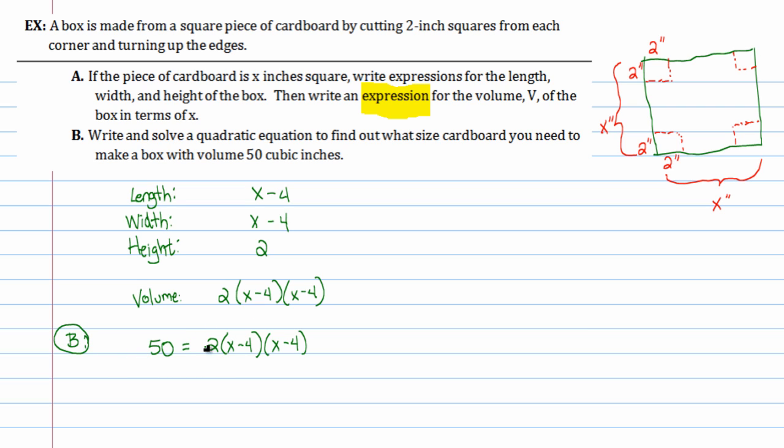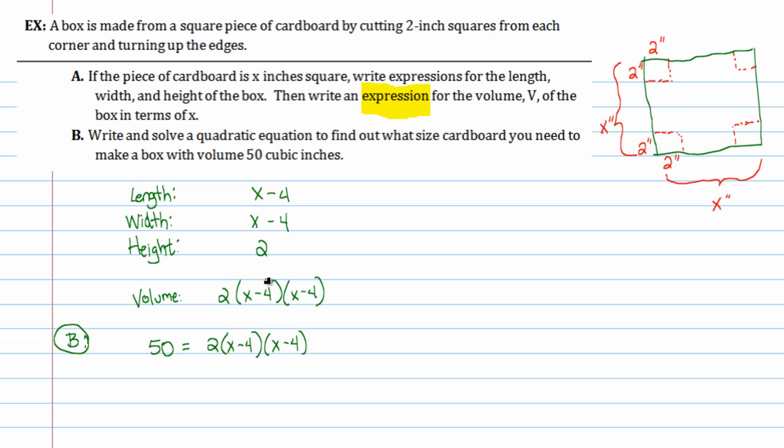And I remember I cannot just say, oh, therefore x minus 4 is equal to 50. I can't do that. What I have to do actually is distribute the x minus 4's into each other. So in other words, multiply those two binomials. I'm going to do a little trick first.